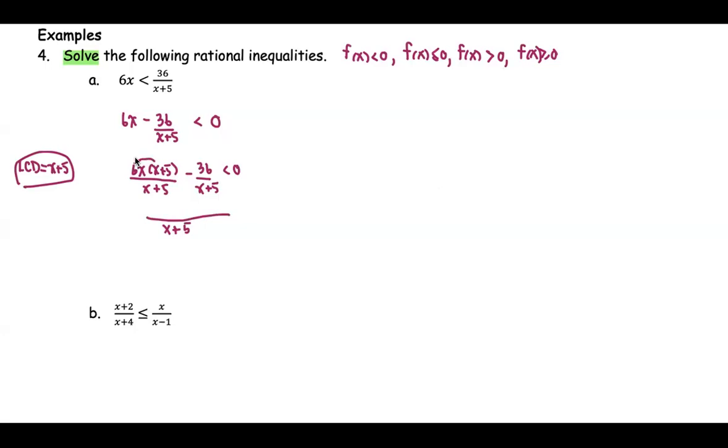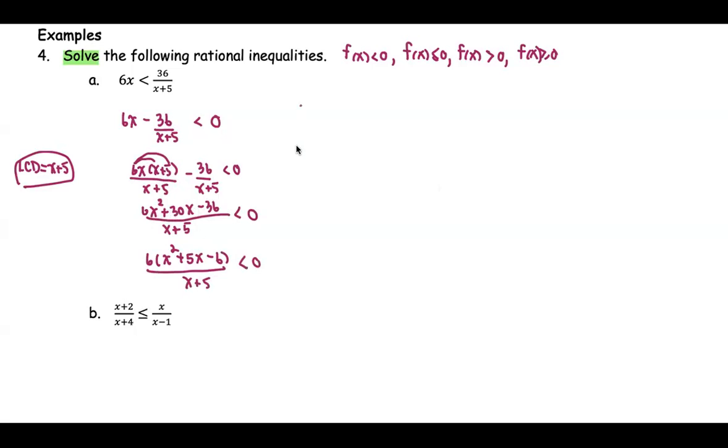We can bring them into one fraction with a common denominator. So the left-hand side, we get 6x times x becomes 6x squared, 6x times 5 becomes 30x, and then minus 36, all strictly less than 0. Simplify the numerator. We see the common factor 6. Factor the 6 out. We have x squared plus 5x minus 6, all divided by x plus 5.